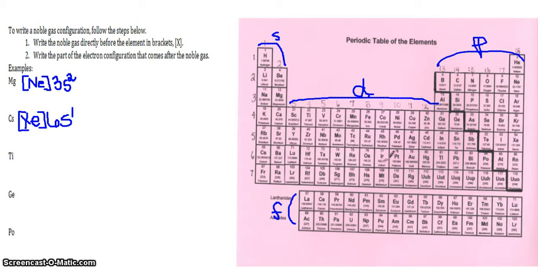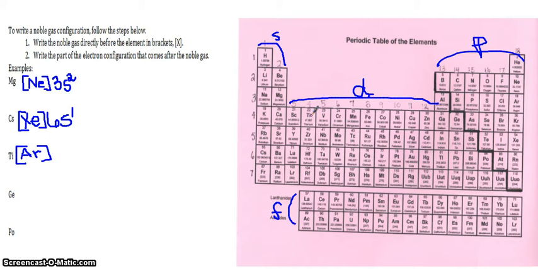The next one we'll look at is titanium. Let me find that little booger. Oh, here it is. Titanium is here, number 22. The noble gas before it is 18, argon. So I put the Ar in the brackets.